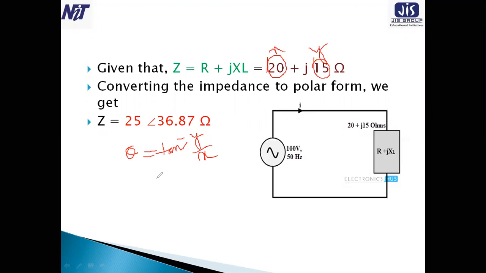If you use the calculator, you get the value 36.87 degree. It's very easy to calculate. But the question is from where these equations, x plus jy equals r theta, r equals root over x square plus y square, and theta equals tan inverse y by x, are coming. You need to understand that part also.